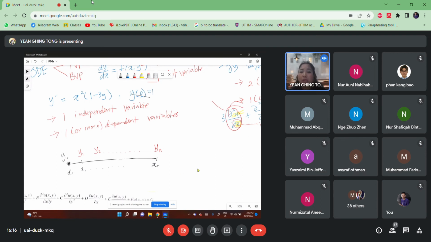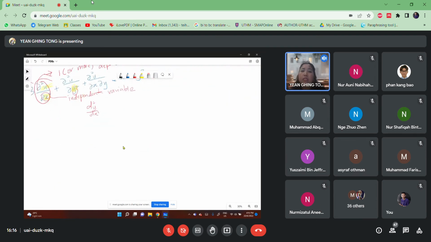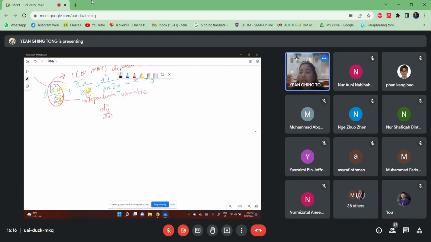why do we use PDE? Because sometimes we have problems where we need to find values, let's say this is x, with x0, x1, and so on until xn, and maybe over the time. It can be over x, or over y, or over the time.